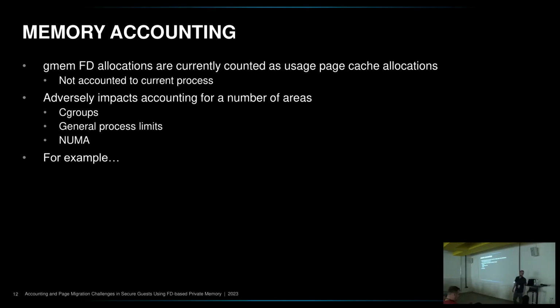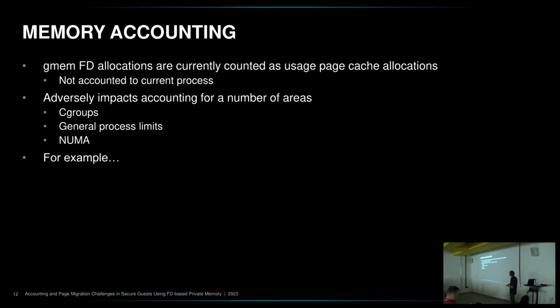So in general, memory that's allocated by GMEM is basically accounted by the host as page cache allocations. It's not accounted to any specific process, and that's going to end up causing problems if you're trying to set process limits on how much memory a particular process can use, or cgroup limits and things like that.